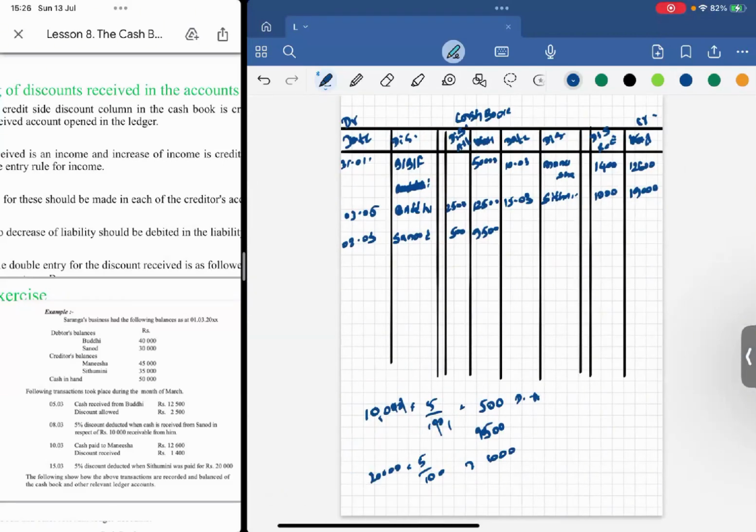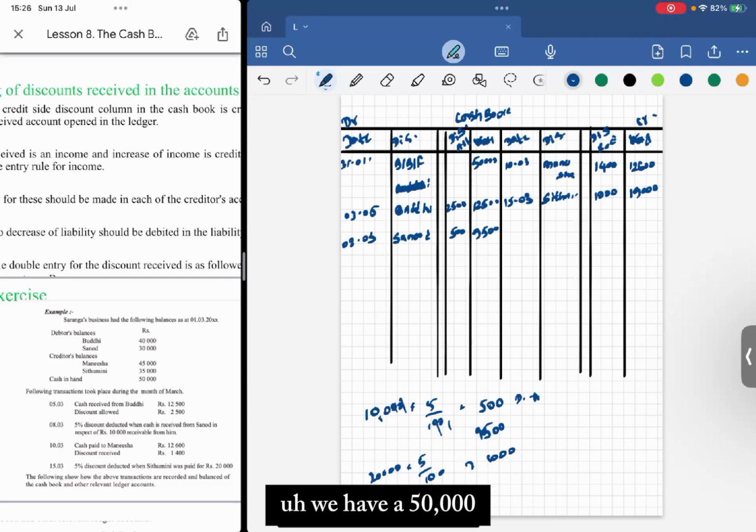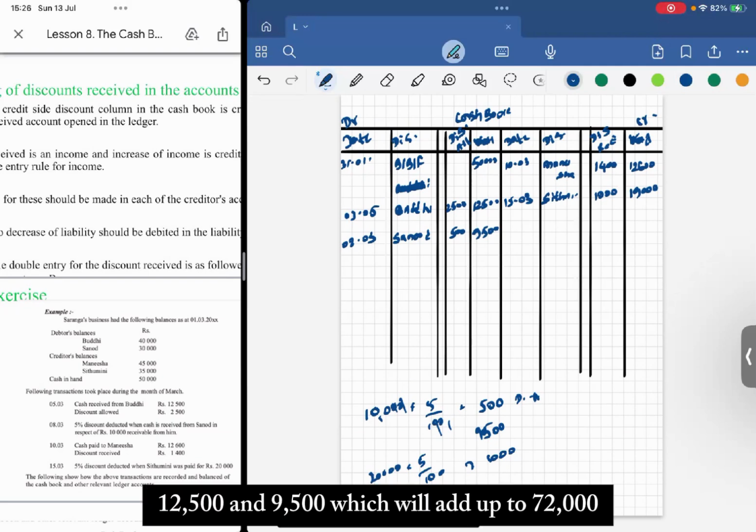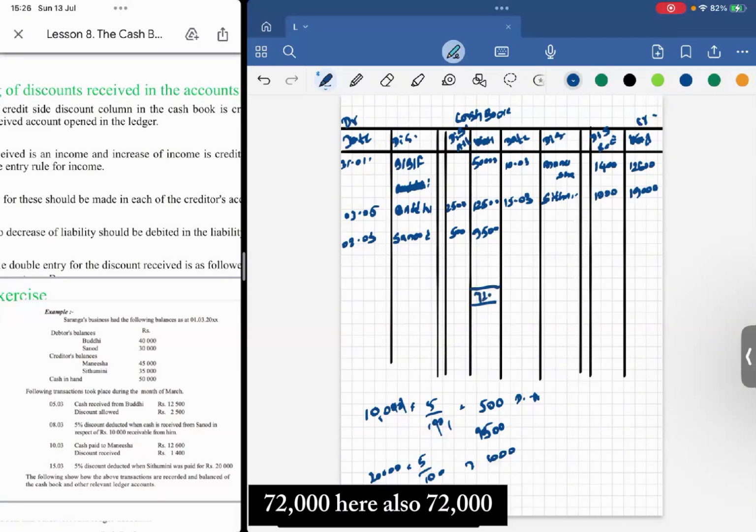Then here, we have 50,000, 12,500, and 9,500, which will add up to 72,000. Here also 72,000.